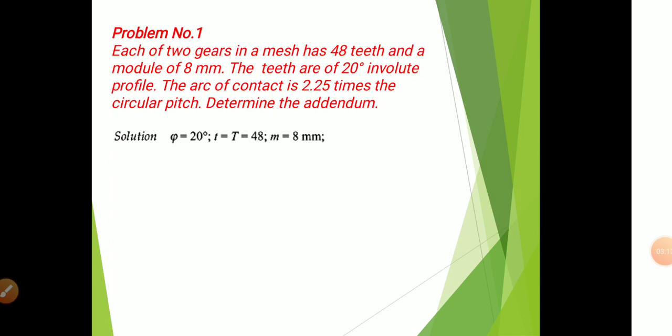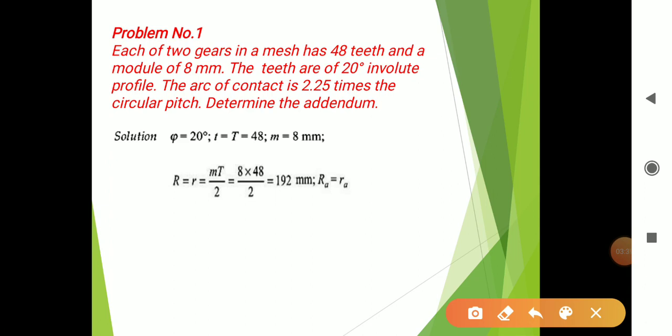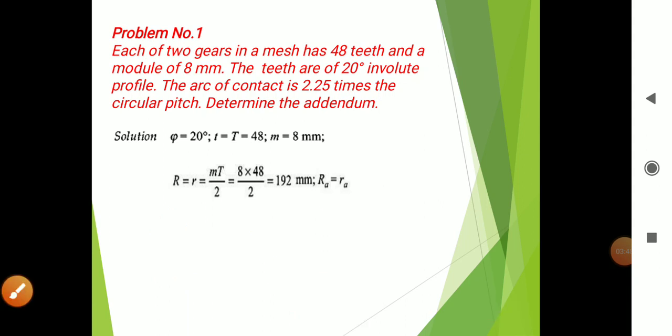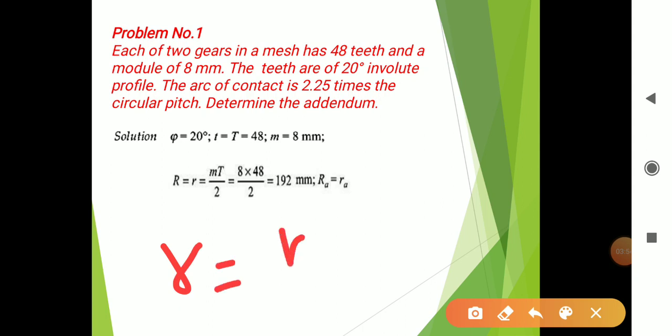What we have to find is the addendum. First we have to find the radius of the wheel and the radius of the pinion. So capital R is equal to small r is equal to m into t divided by 2. If the number of teeth were different, the formula for capital R would be small m into capital T divided by 2, and for the pinion radius small r, small m into small t divided by 2.